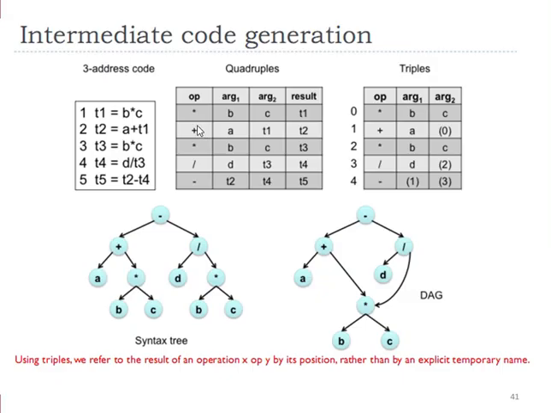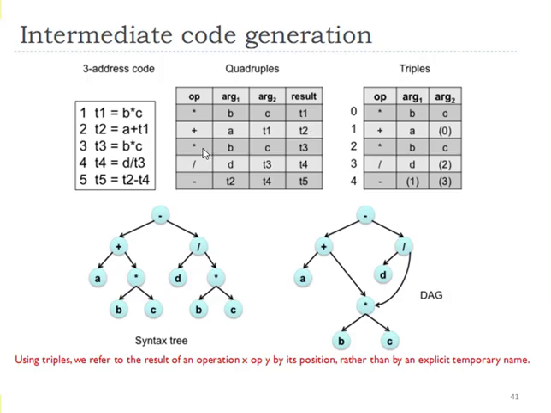So the first operator is the multiplication. The first argument is B, the second argument is C, and the result is T1. The second operator is plus, the first argument is A, the second argument is T1, and the result is T2.